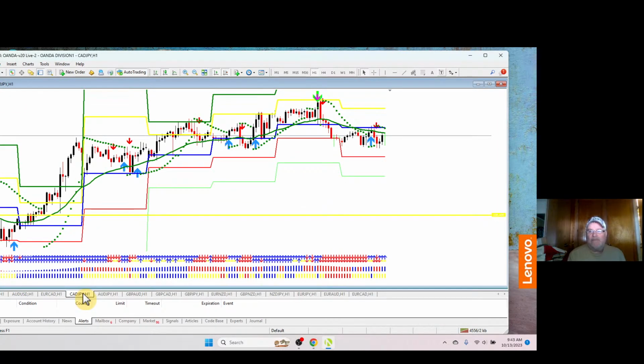CAD yen just kind of gone sideways for the last 12 hours. So it's more than 12, ain't it? 6 and 9. Yeah, about 18 hours on sideways. So it's building up for something, either to fill in and sell off, or it's going to drop down even further.